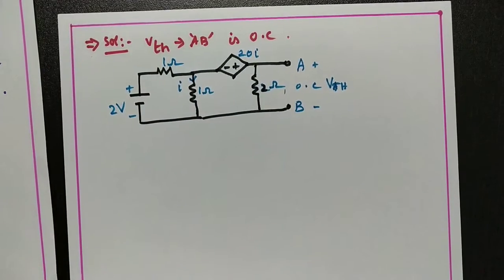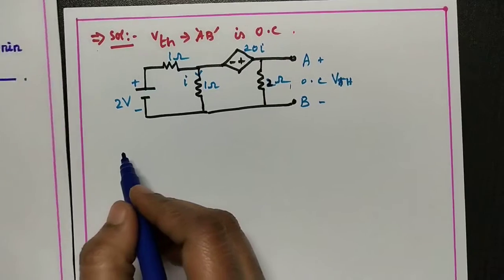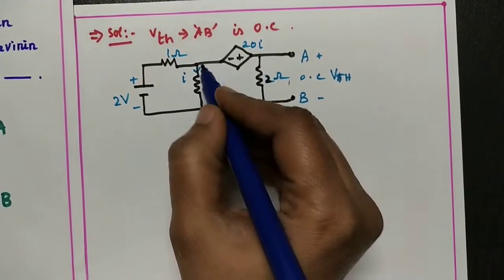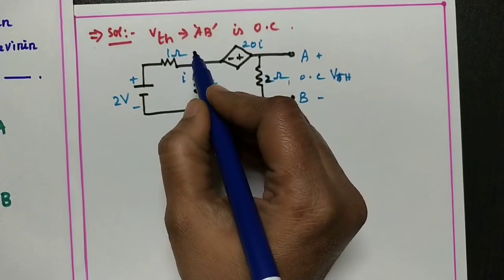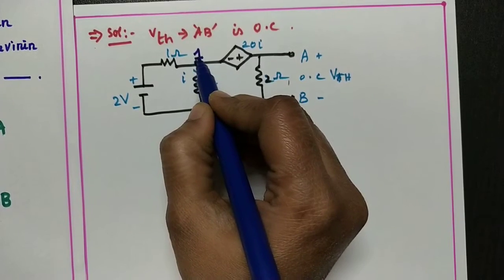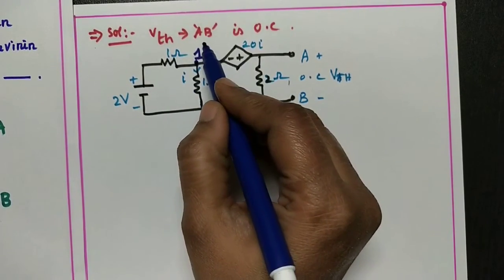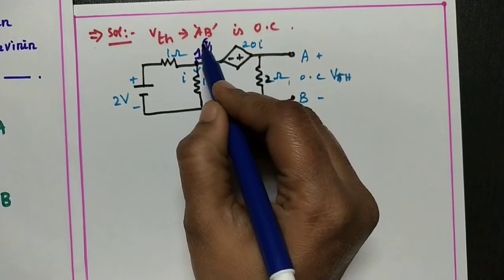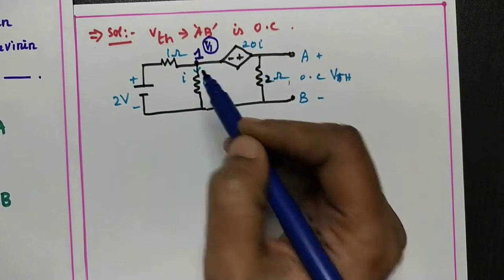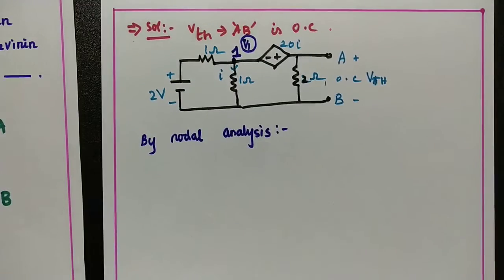To find the current I, we are applying the nodal analysis. Let me assume this as node 1 and V1 is the nodal voltage at node 1. So by the nodal analysis we write the equation.